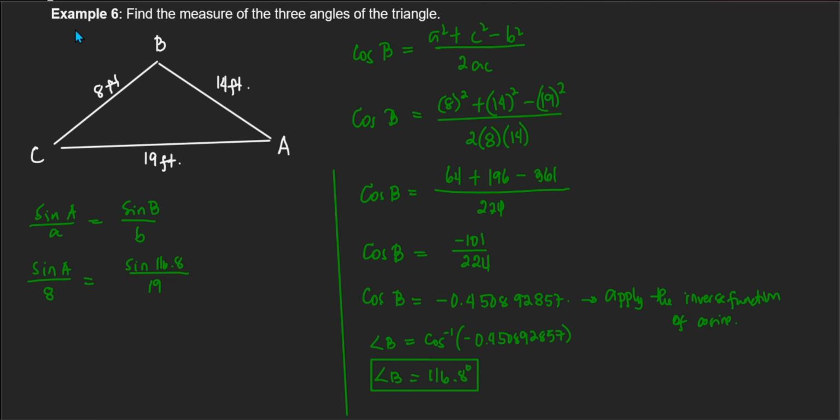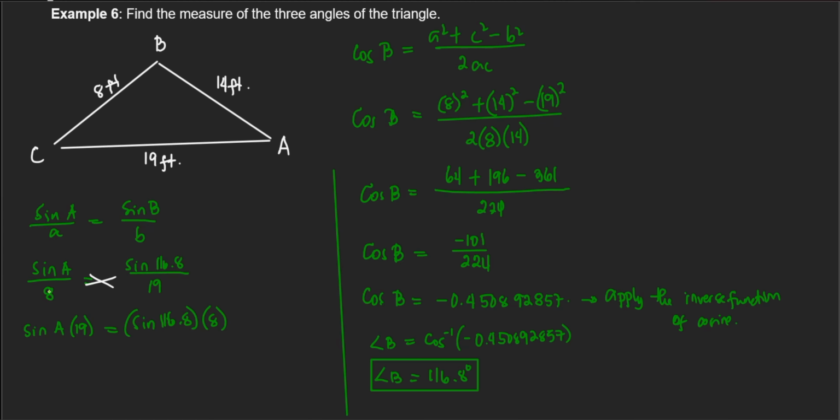Now, do the cross multiplication. So we have sine A multiplied to 19, then equal to sine 116.8 multiplied to 8. Okay?